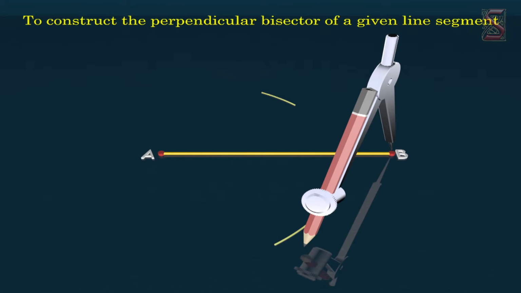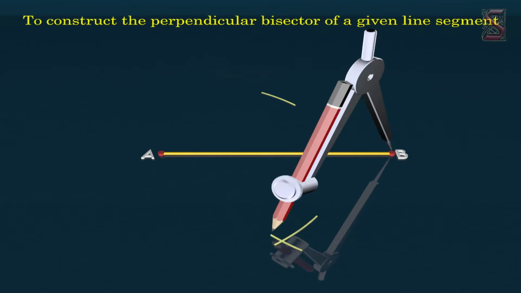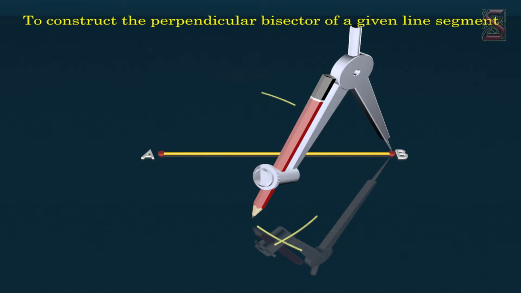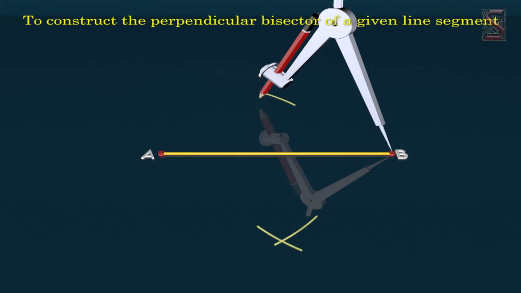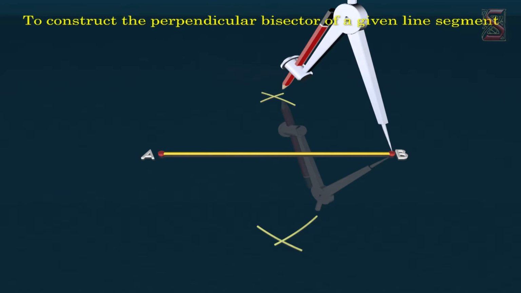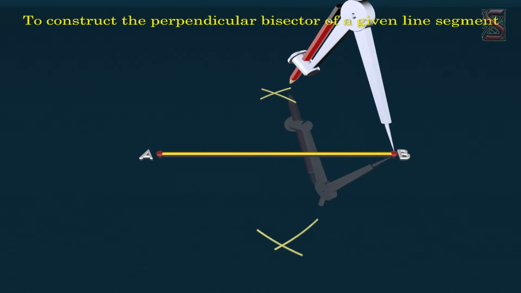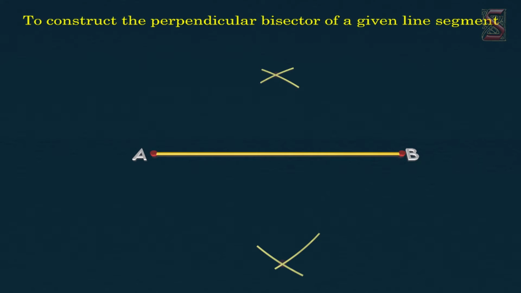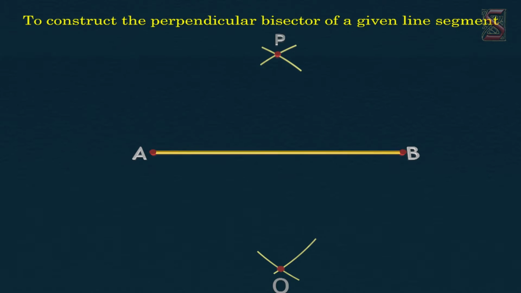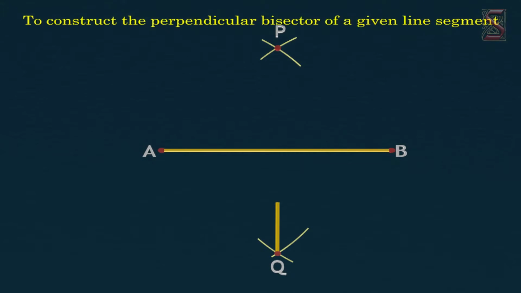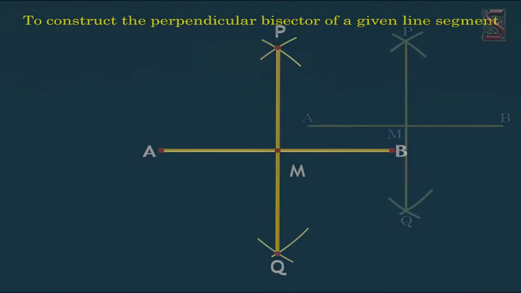Without changing the legs of compass, with B as center, draw arcs to cut the previous arcs on both sides of the line segment AB. Step 3. Let the intersection points of these arcs be P and Q respectively. Join PQ. Step 4. Let PQ intersect AB at M. Then the line PMQ is the required perpendicular bisector of AB.